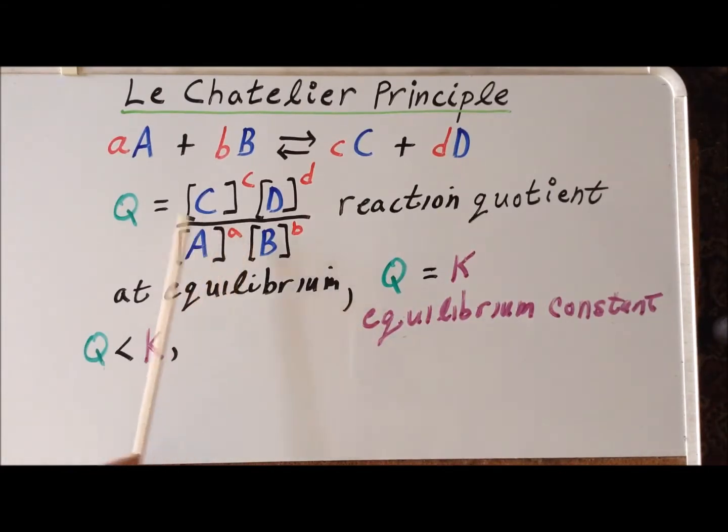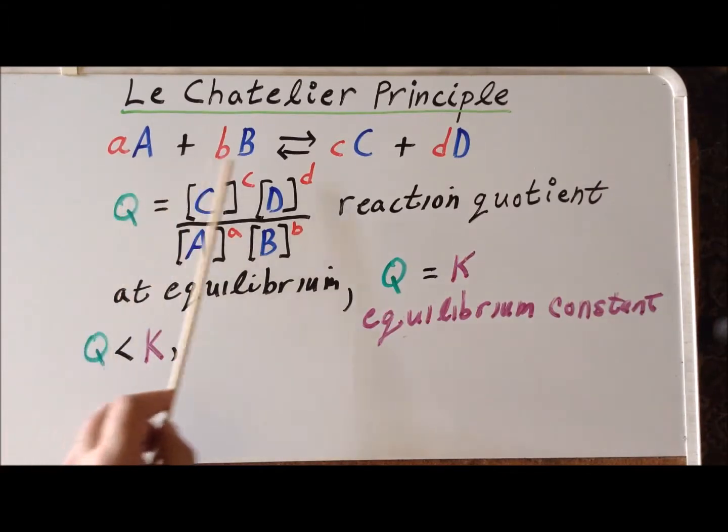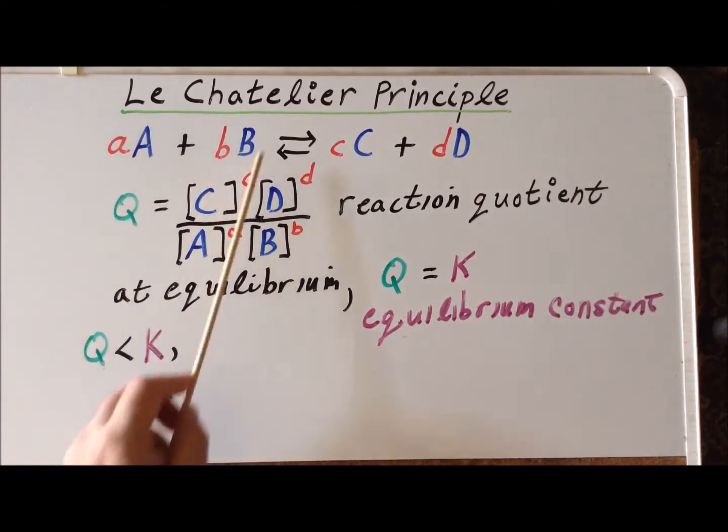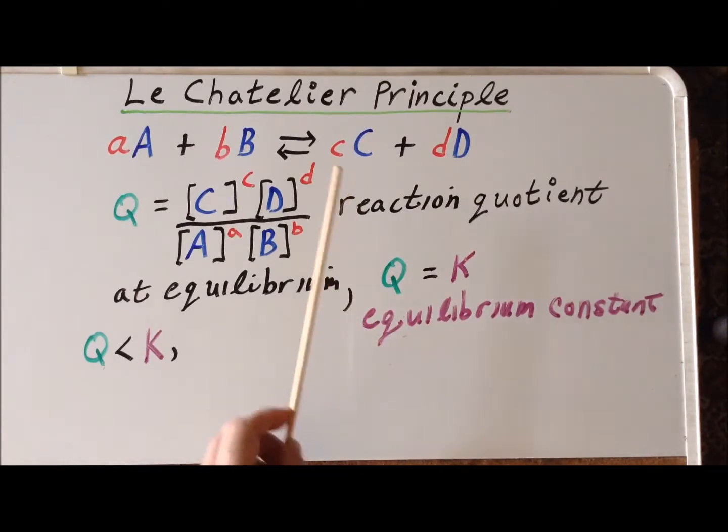On the other hand, it tells us that the denominator, which involves the concentrations of the reactants, is larger than it would be at equilibrium. So we have too much reactants and not enough products. As a result, relative to the equilibrium case, we are too far to the left in the reaction.